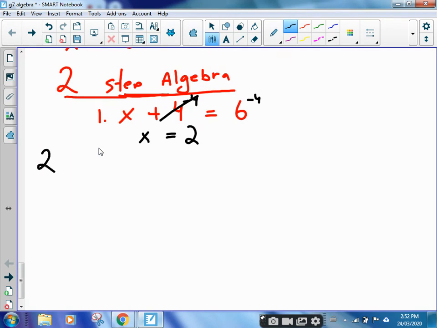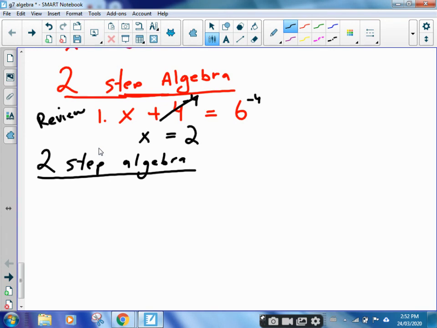Now two-step algebra, just like the name implies, is going to require you to do two steps. Okay, so this is review that we just did here.